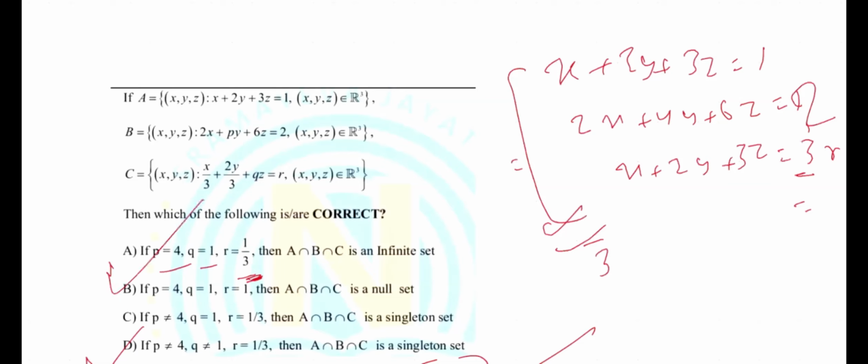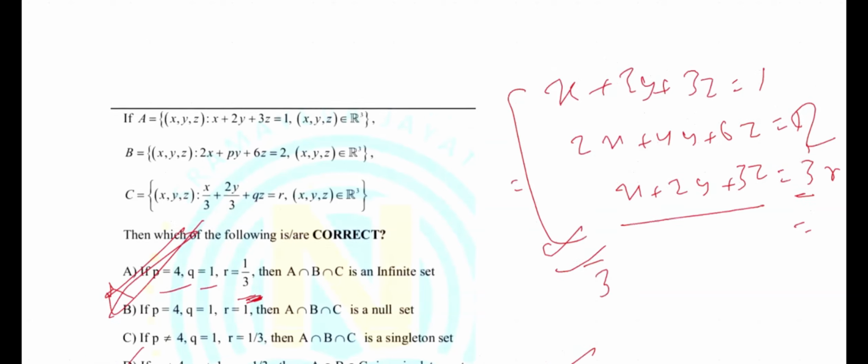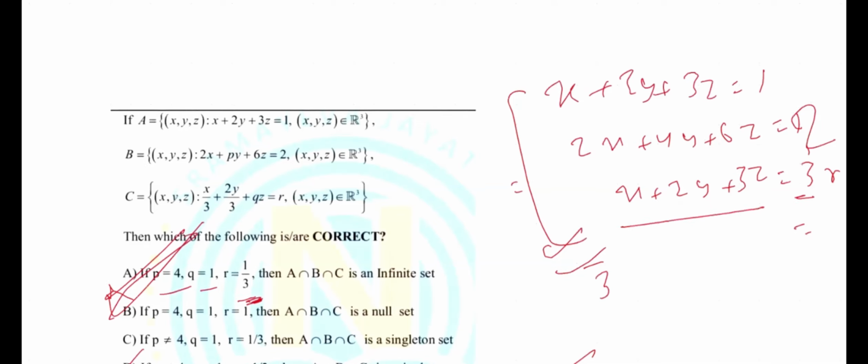And if p equals 4, q equals 1 and r not equal to 1 by 3, this value is 3r, and both are the same equations. Basically x plus 2y plus 3z equals 1 is a plane, and x plus 2y plus 3z equals 3r is another plane.